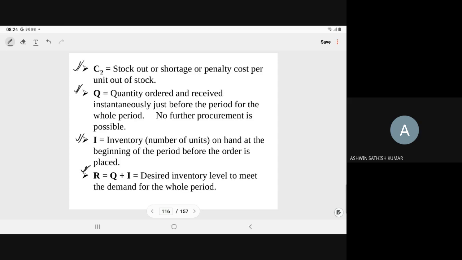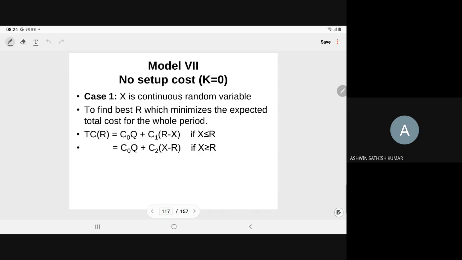R is equal to Q plus I. Q is the quantity you are placing, plus I is the quantity you have before placing an order, the leftover of the previous period.